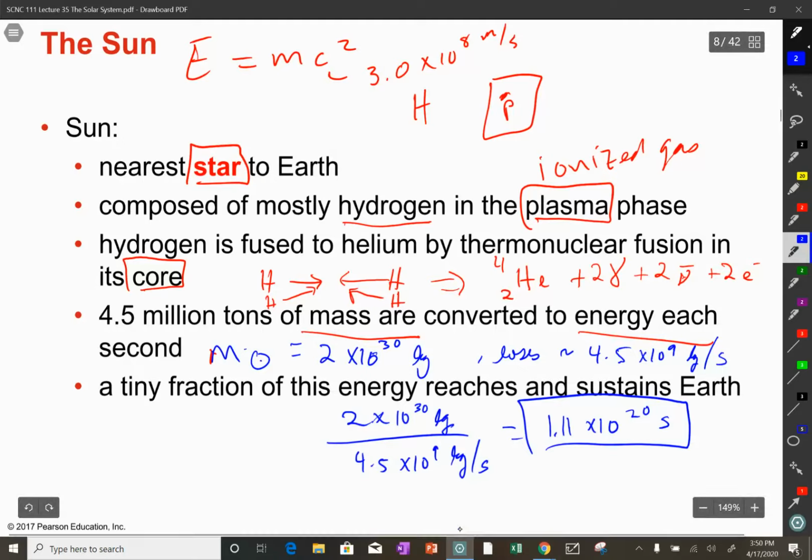Why a tiny fraction? Because here's the sun and its energy is going all over the place. And the fraction of the area of a sphere around the sun that's made up by the Earth is really tiny. We're not going to do the calculation, but it's just a very tiny amount of the sun's energy that we receive. And yet that energy is what powers virtually everything we have.